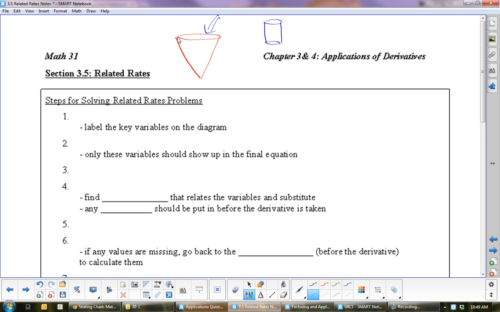Now, you always want to draw a diagram part way through the motion.